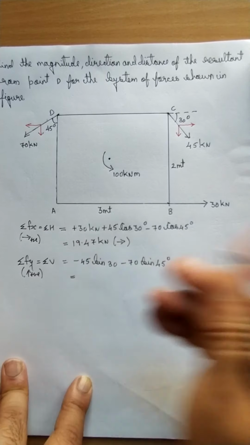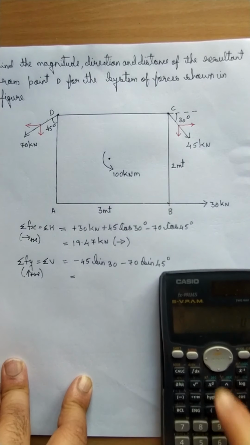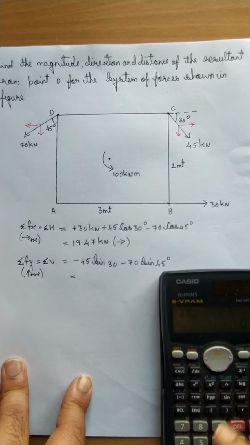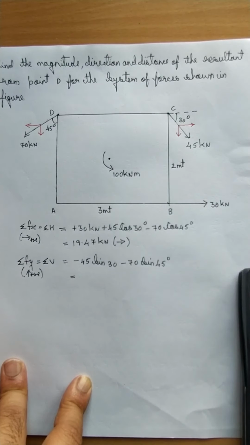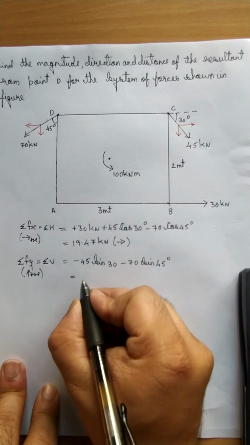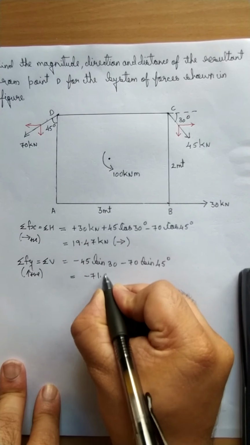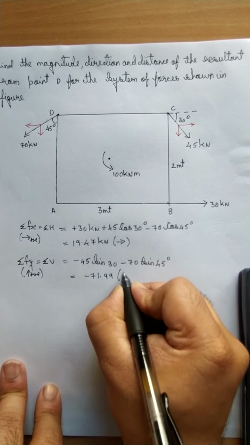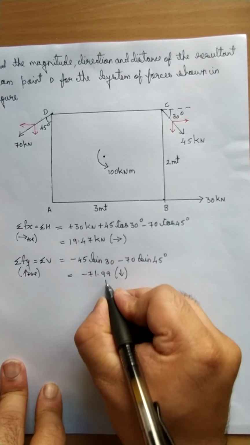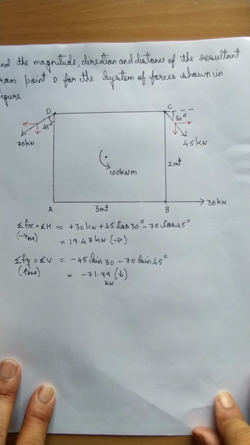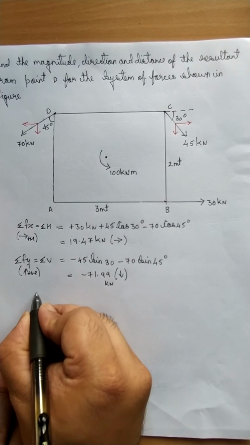So let us see. This is working out to be minus 71.99 kilonewton, downwards. Next let us find the resultant.